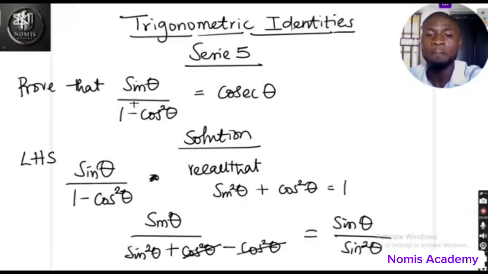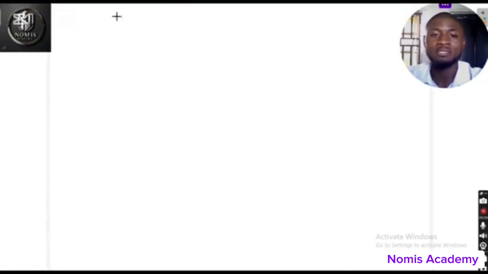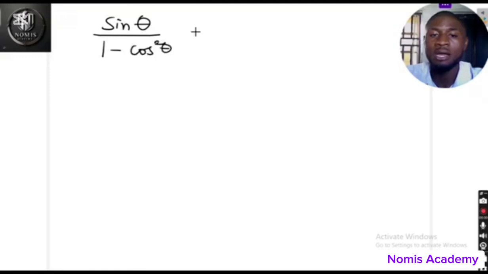sine theta all over 1 minus cos squared theta to cosec theta. So let's write that as our final answer: sine theta all over 1 minus cos squared theta equals cosec theta.